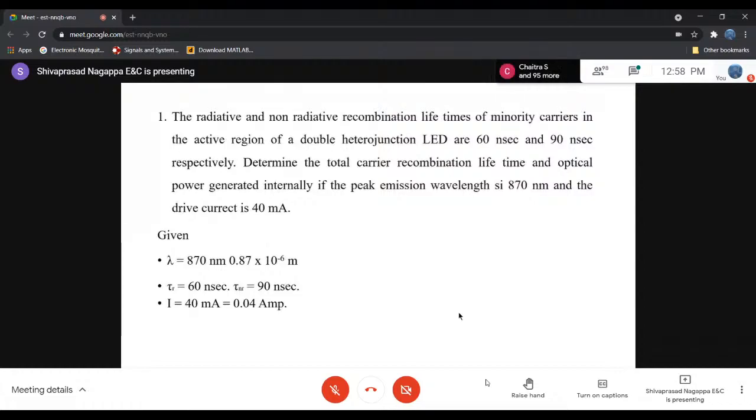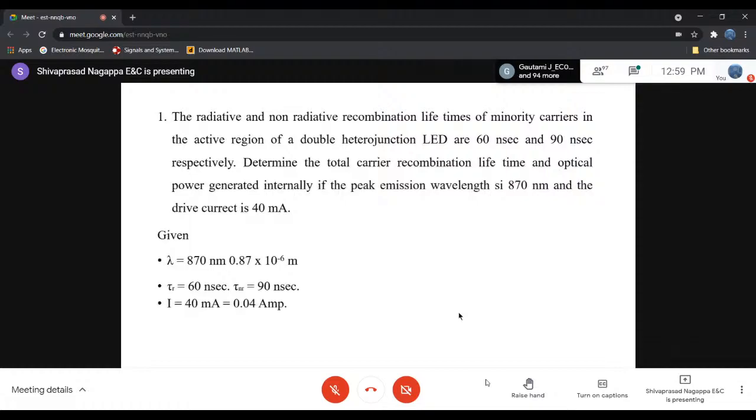You all can note down this, which we have already discussed. The radiative and non-radiative recombination lifetimes of minority carriers in the active region of a double heterojunction LED are 60 nanoseconds and 90 nanoseconds respectively. So it is not a single, it's a double heterojunction LED.